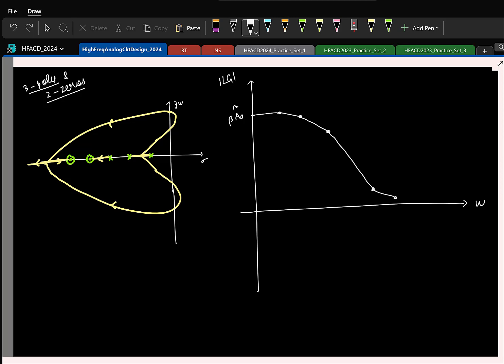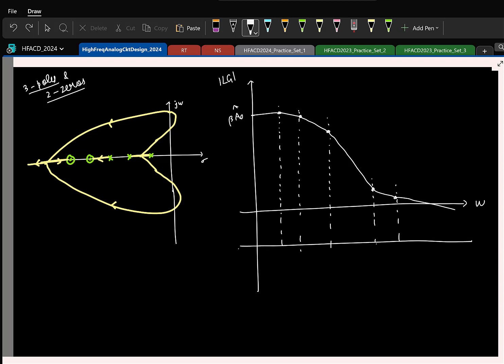So 1, 2. Just a rough sketch. Let me also mark these points. Okay, done. Let's also sketch the phase plot.